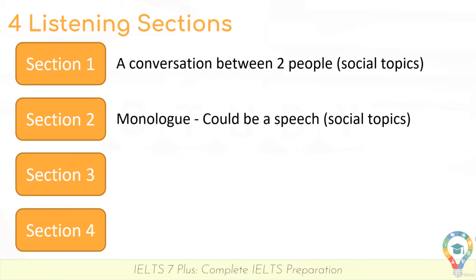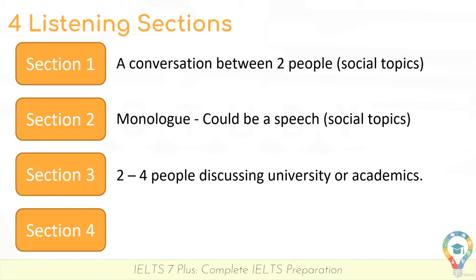In section 2 of the listening test, you will hear a monologue. A monologue is only one person speaking. This could be on a variety of topics, such as a speech given or a talk at a local town hall. In section 3, there will be between 2 to 4 people discussing university or other academic topics.